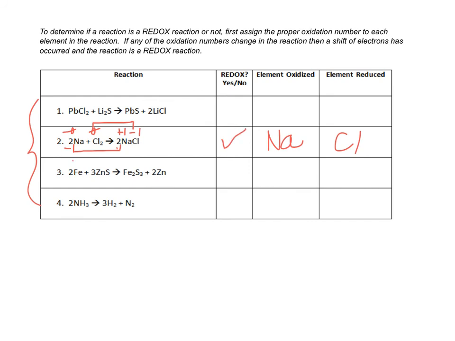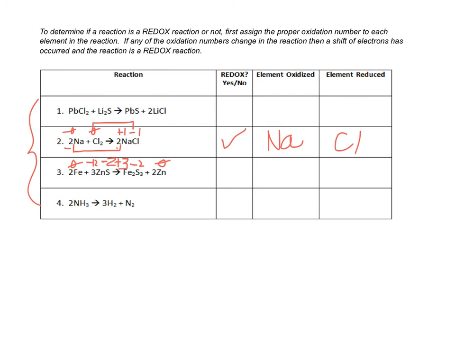Number 3, look for the elements to assign 0 oxidation number. Zinc is our rule of +2. Then X would be sulfur, which would have been -2. Iron and sulfur. Sulfur is -2 on our rule, and I can tell that this is going to be a +3 charge for iron.